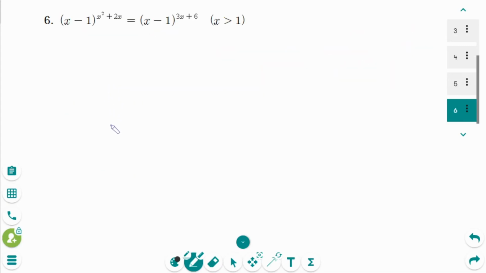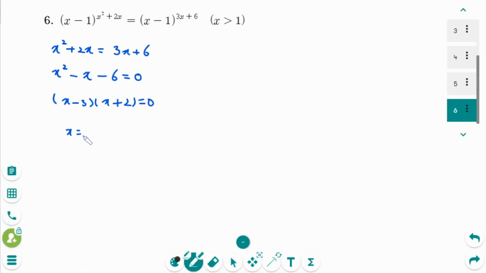Number 6. Since the bases are the same, the exponents must also be the same. So x squared plus 2x equals 3x plus 6. Then x squared plus 2x minus 3x minus 6 equals 0. Then we can factor, x minus 3 times x plus 2 equals 0.